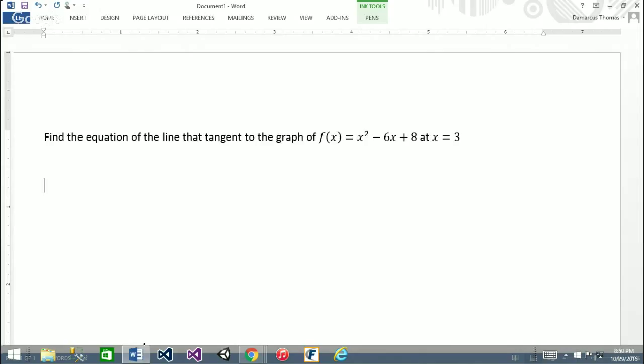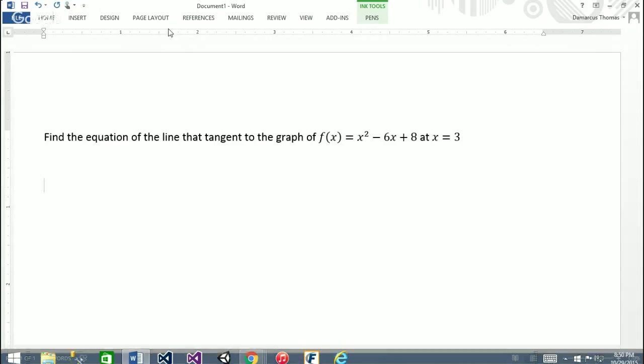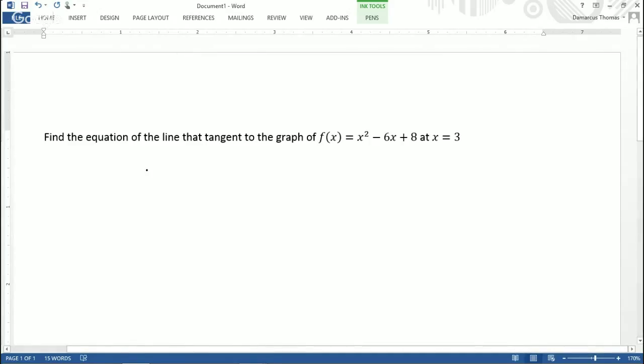So the best way to approach this is first let's find f prime of x. And so our function is f of x equals x squared minus 6x plus 8. And now we're going to use the derivative rules.